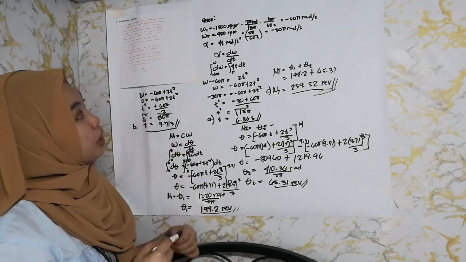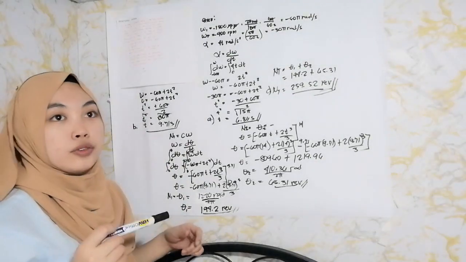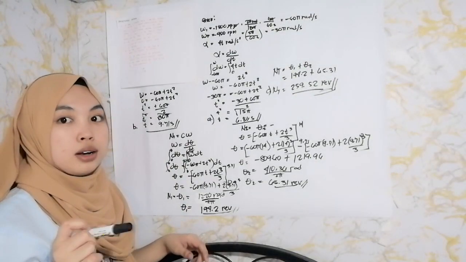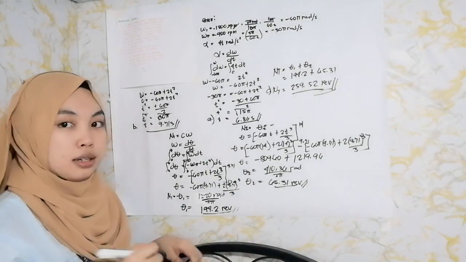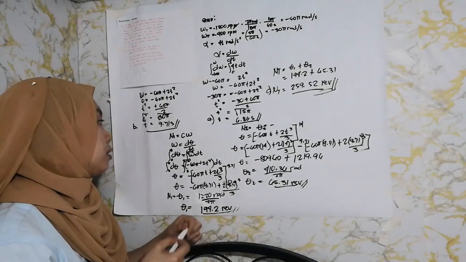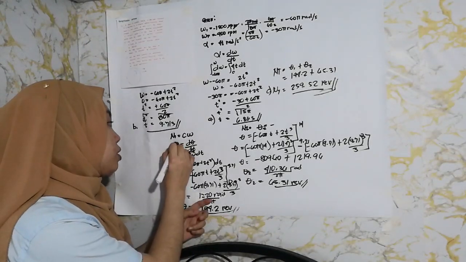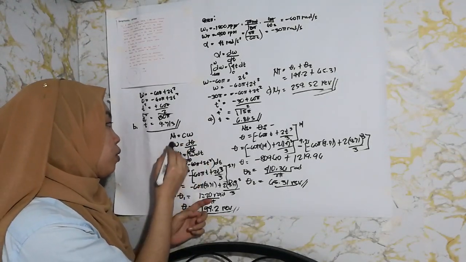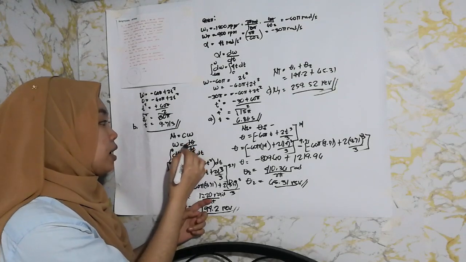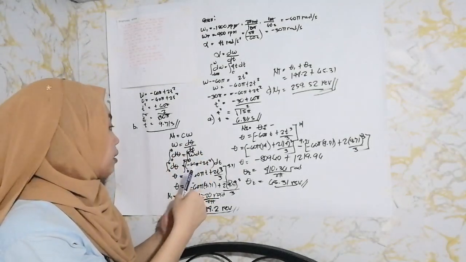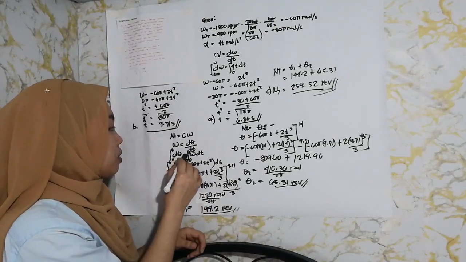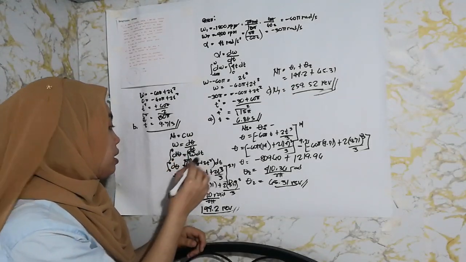Since we are looking for revolutions, which is the angular distance, we can use this equation. Omega equals d theta over dt, and d theta equals omega dt.